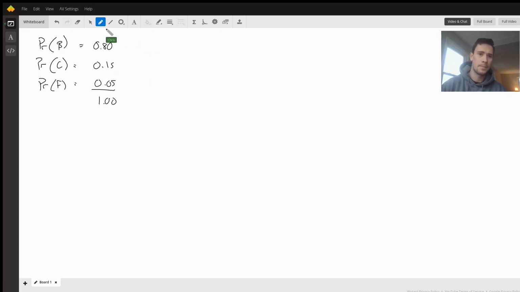Then we're told that the probability of a defect, given it was made by Breakers, is 4%. So Breakers has a 4% defect rate. The probability that we have a defect, given it was made by the Cartin Company, is 6%.